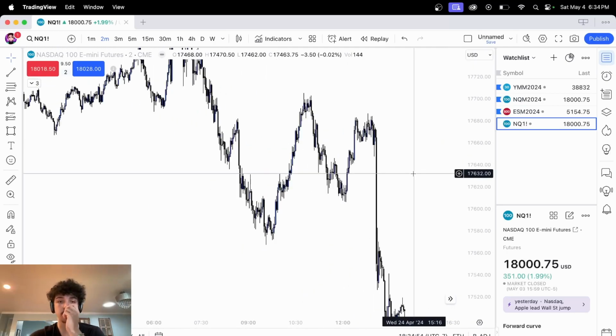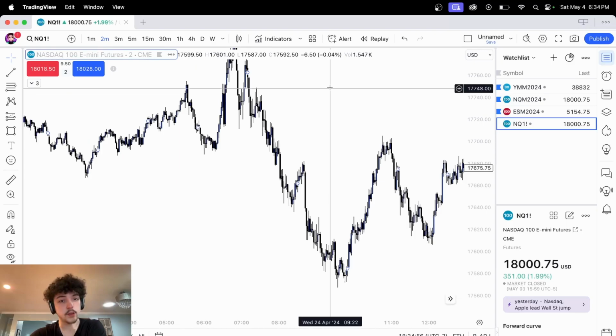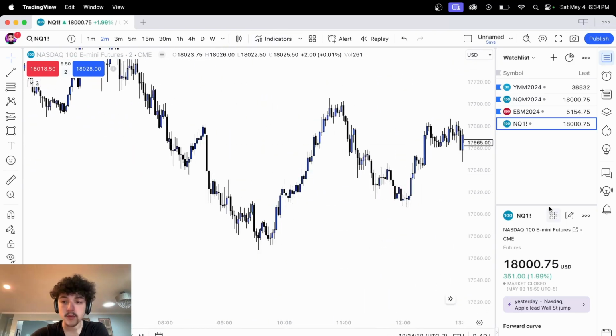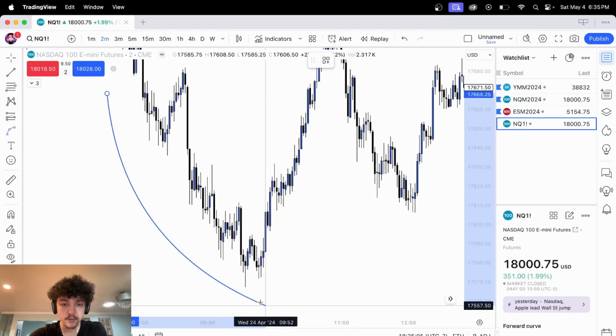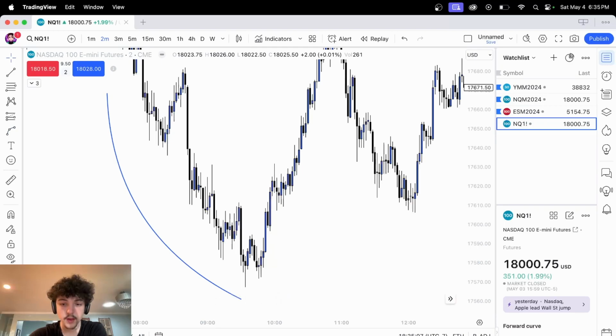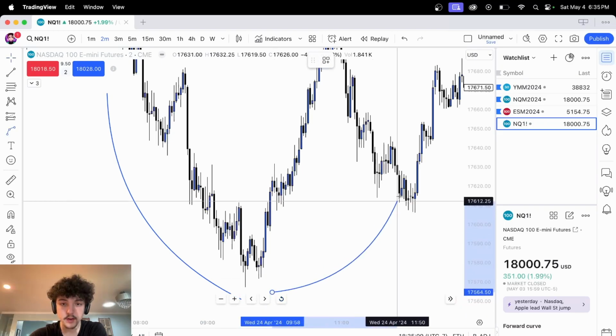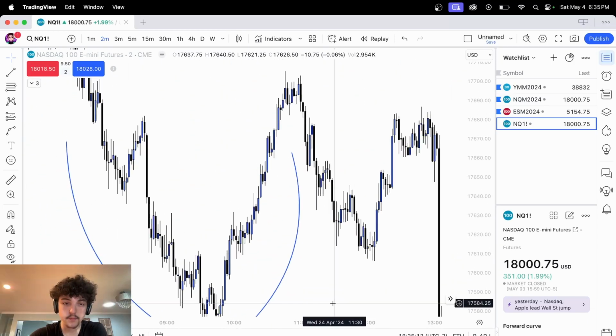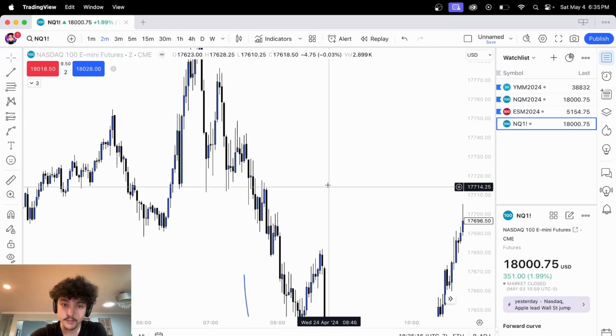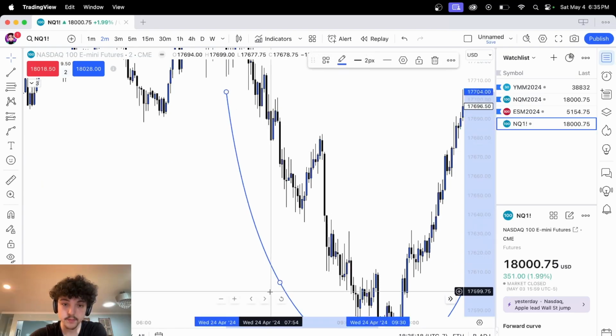Here's a really, really good example of buy and sell side of the curve, once again, because we come into here, you know what I mean? All right, so here we have sell side of the curve, and we have buy side of the curve, right? You see what I mean?